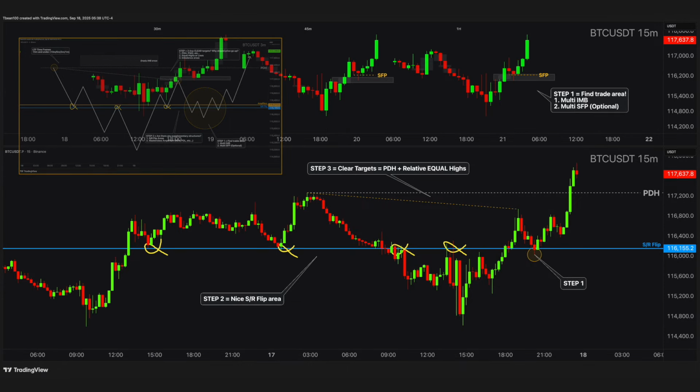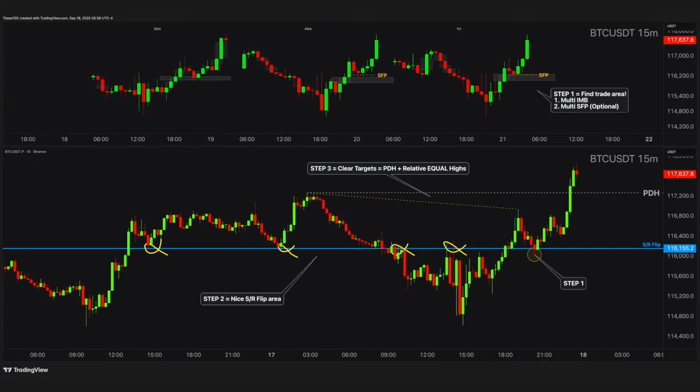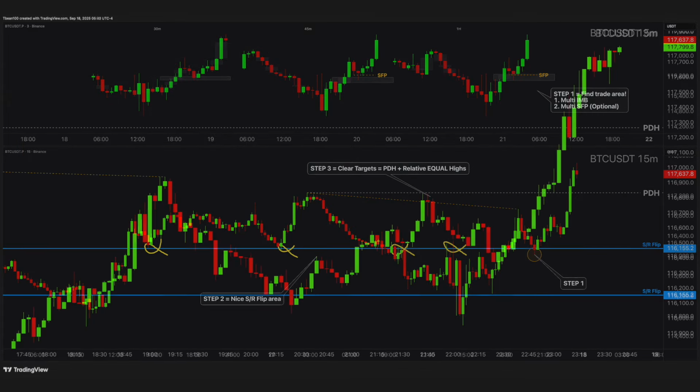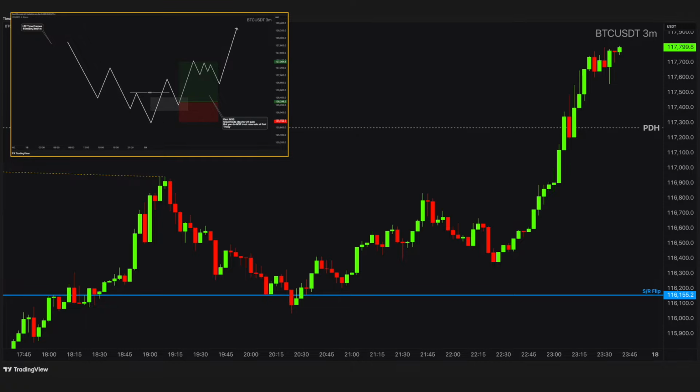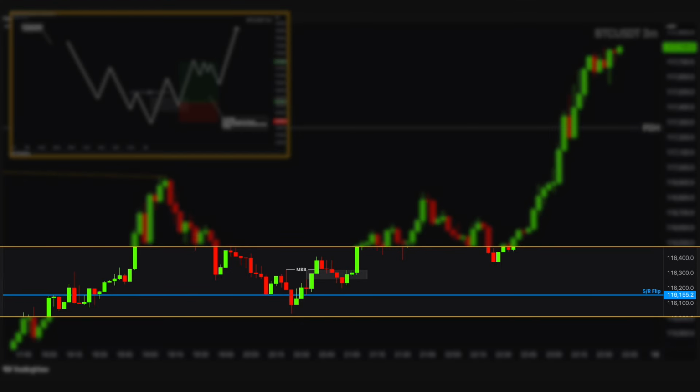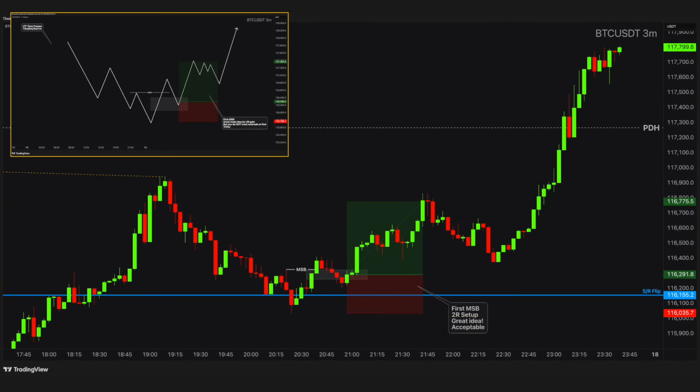Let's zoom in on the area and talk about possible entry setups. Right in the center of this trade zone, you will notice the market structure break. After that, price pulls back directly into an imbalance zone. This immediately gives us our first 2-hour setup, which is a solid and very acceptable trading idea.